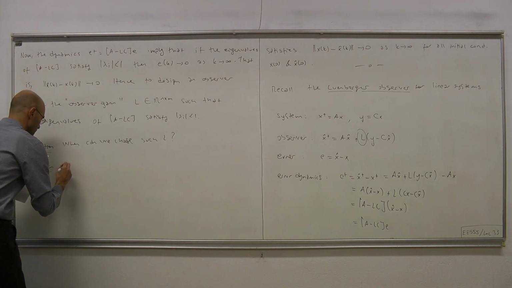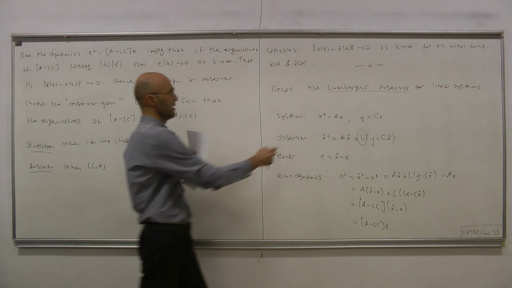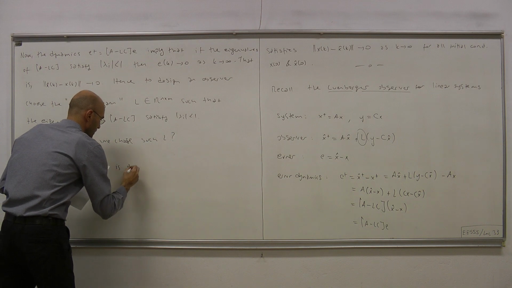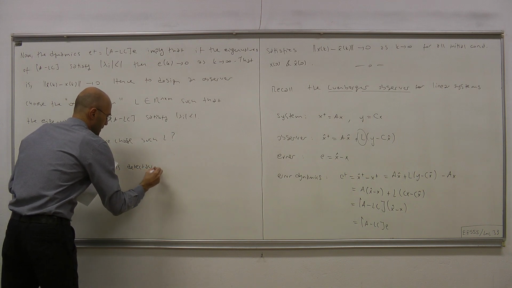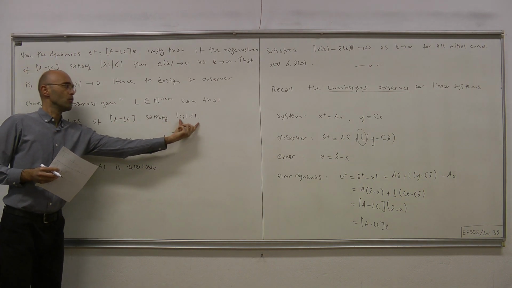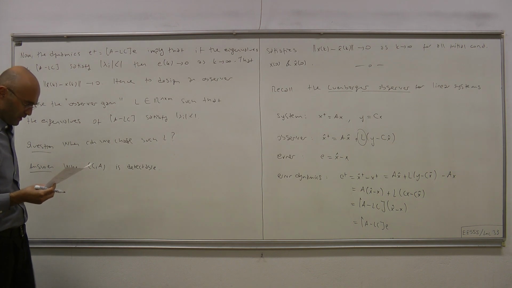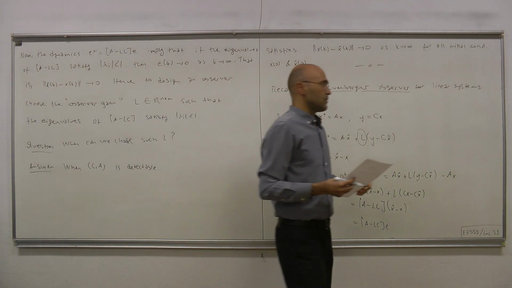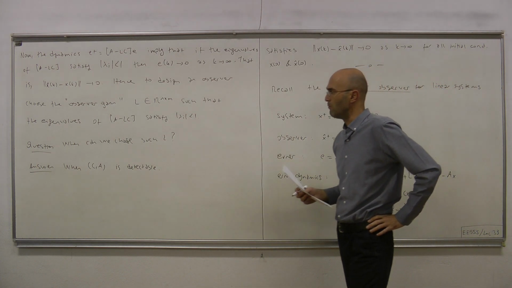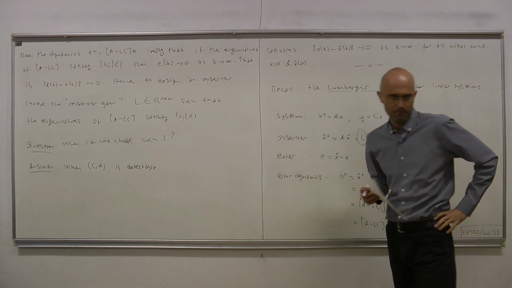So when the pair (C, A), or when this system is detectable, it's possible to choose the observer gain so that the error dynamics are with stable eigenvalues. Okay. And detectability simply means that there are no unstable modes in the unobservable subspace of the system.